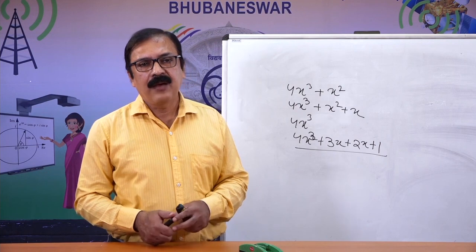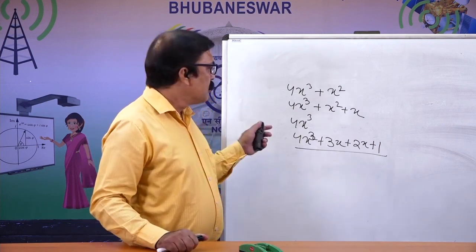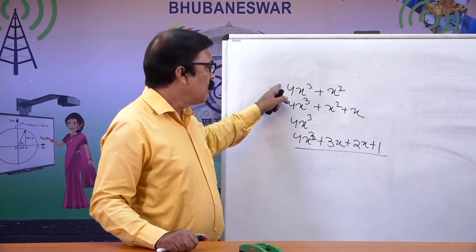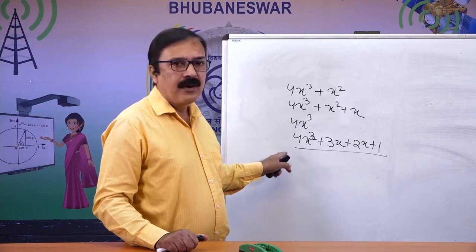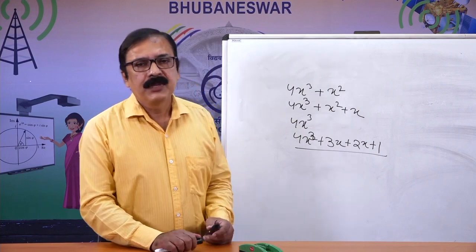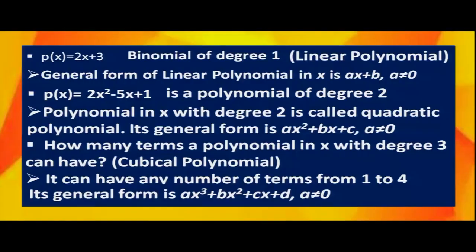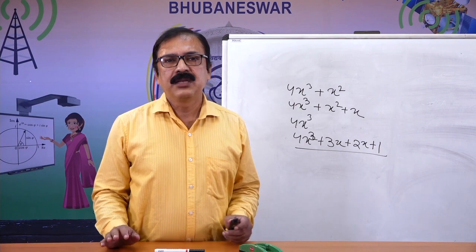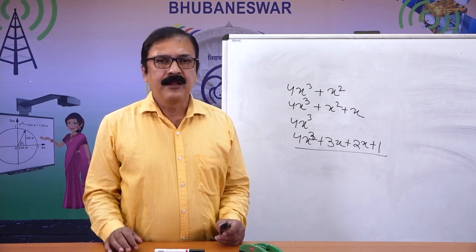So the number of terms can be 1, 2, 3 or 4. Its general form is ax^3 + bx^2 + cx + d, where, as discussed before, a must not be 0 as it is a cubic polynomial.